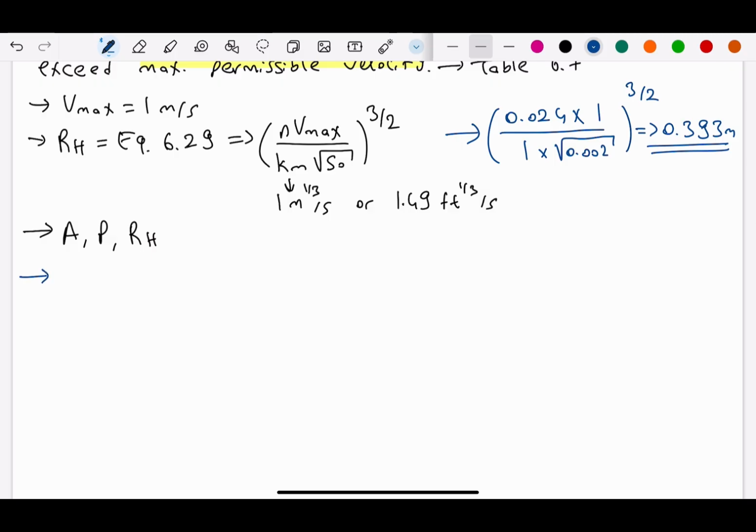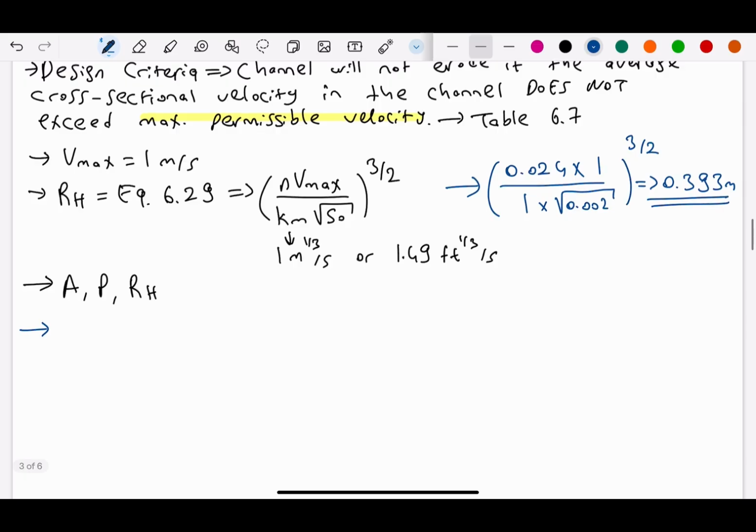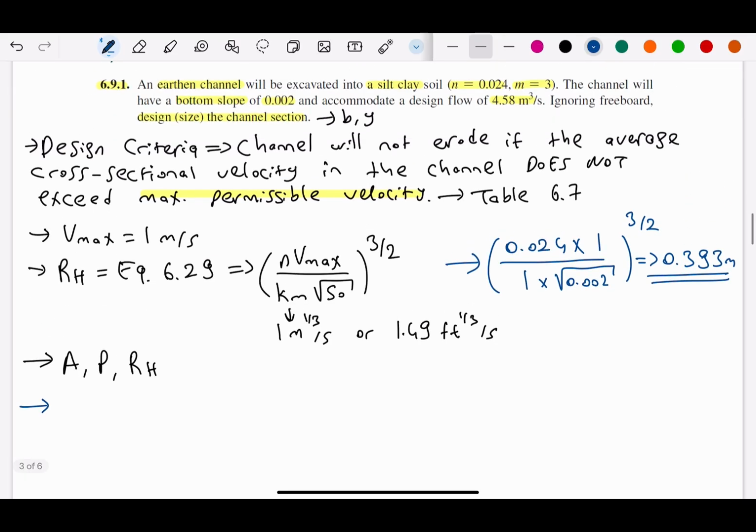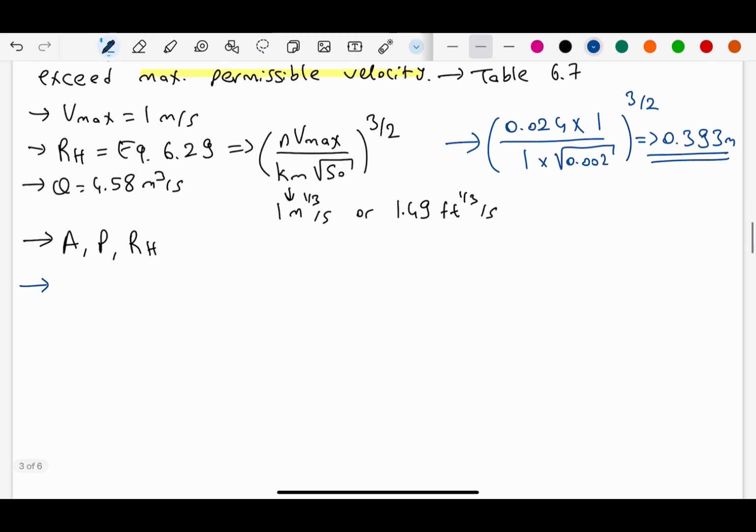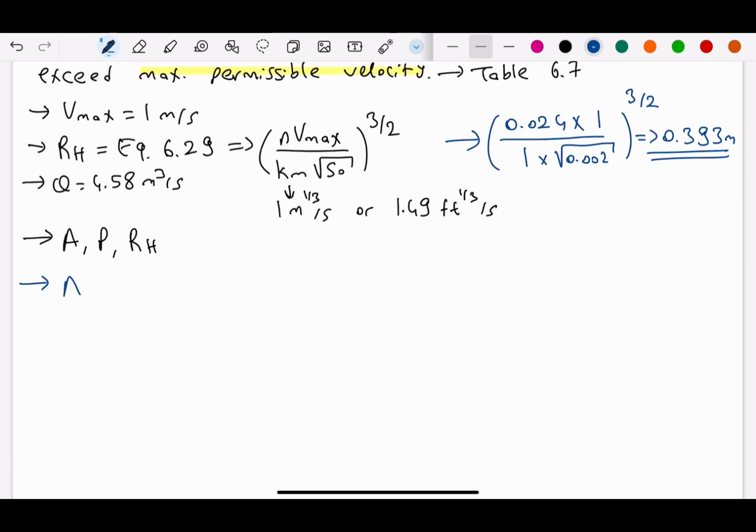After that, we can get area because we already know the flow rate, which was given as 4.58. So the area is equal to Q over V max. So 4.58 over 1. Of course, it is 4.58 square meters.